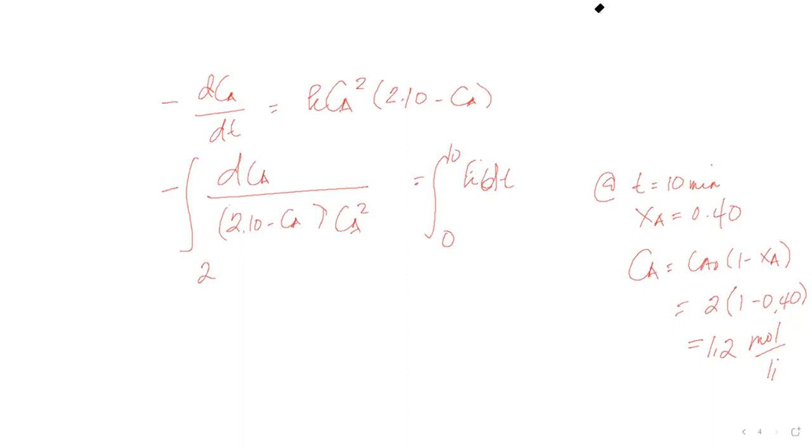And this must be 1.2. Okay? So if you process this in your calculator, since you're dealing with a definite integral, you can find the value of the K. So I will wait for that value of the K. So this is your integral here. These are your limits. So you will have a value here. And this side, you will have K times 10. So you'll be able to get the value of the K.